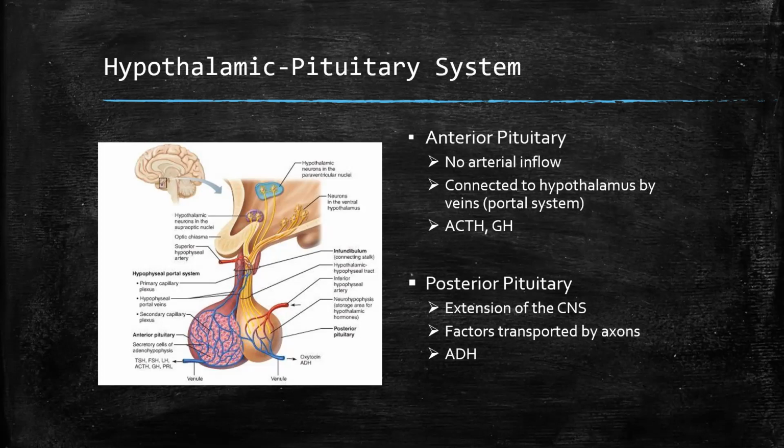And so products secreted in the hypothalamus travel down these neurons and await the appropriate stimulus for secretion. The only one that we're going to care about from the posterior pituitary in the trauma setting is ADH.